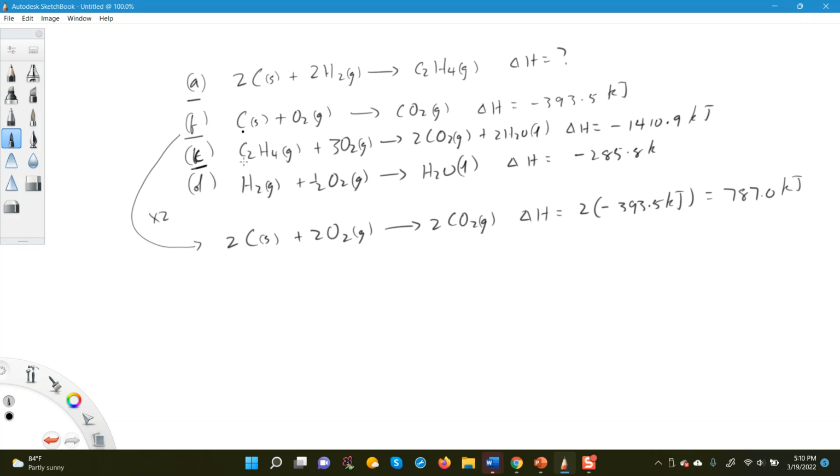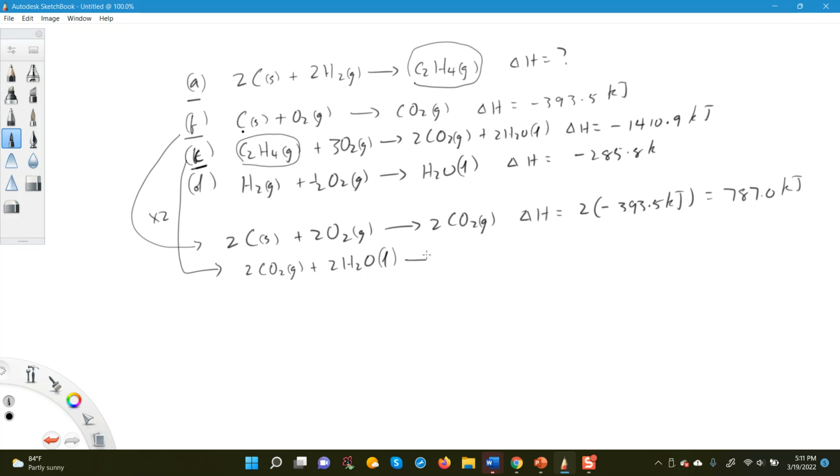Okay, then I would compare equation C to equation A. And what do I notice? I notice that C2H4 here is on the left, but in equation A, C2H4 is on the right. So what I would do is flip equation C. And if I flip equation C, that means that the sign of delta H is going to change from negative to positive. So after flipping it, I'm going to end up with 2 CO2 gas plus 2 H2O liquid.